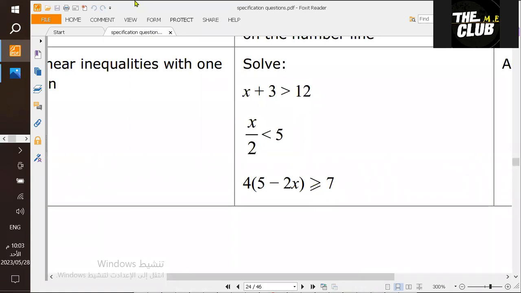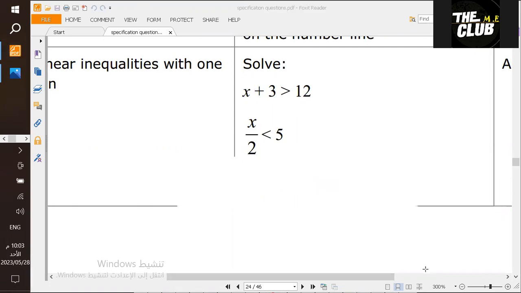We flip the inequality sign if we multiply or divide by a negative number only. In this situation, we didn't do that. Here x divided by 2 is smaller than 5.